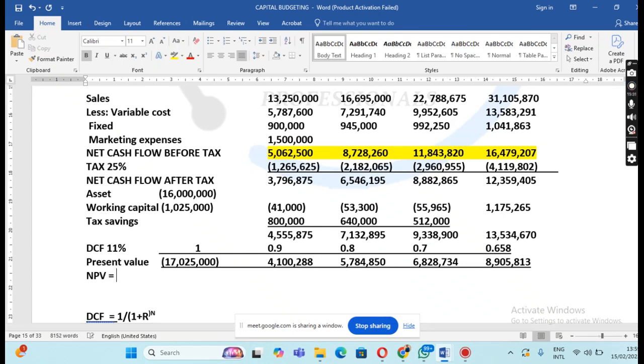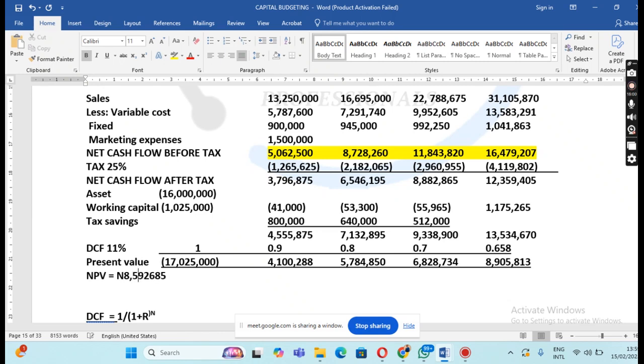Class, what is your NPV now? Add it from year 1 to year 4, then you minus it from year 0. What do you have? 8,592,685. Is it positive? Yes.